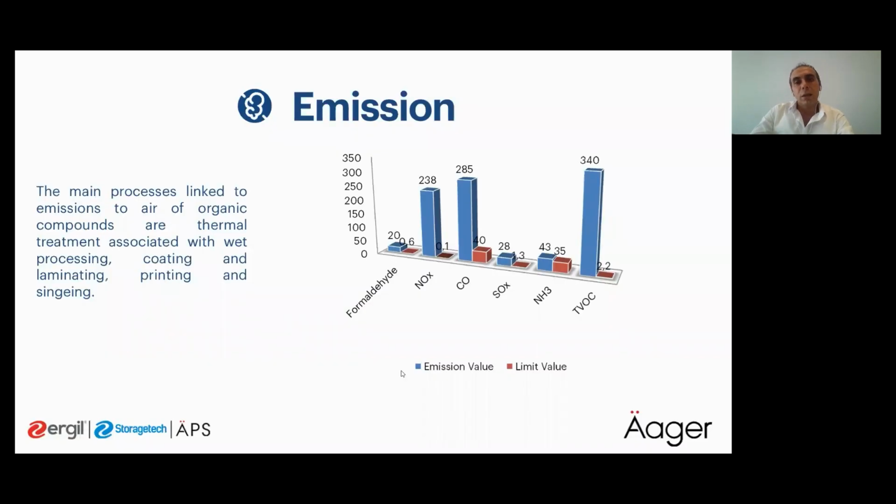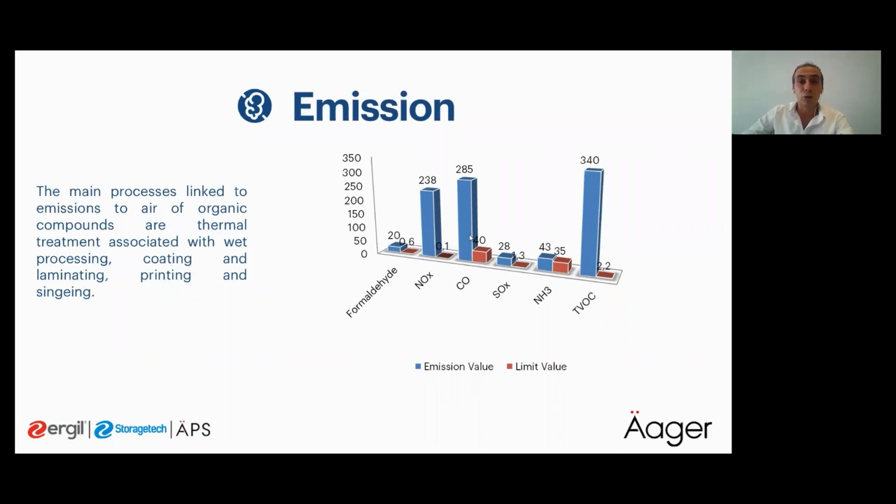In the textile industry, you can also see the limit values. I have a mouse here. You can see the limit value on the red line, and the blue one is the emission value.